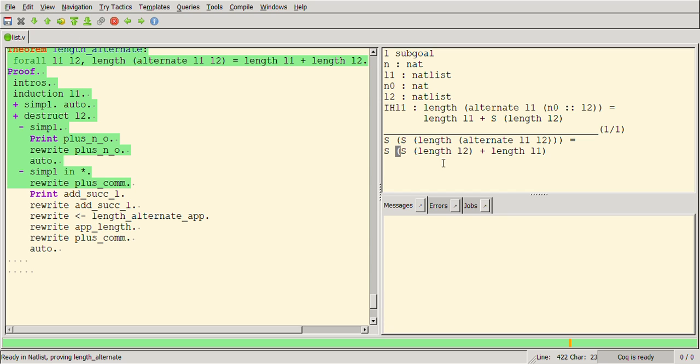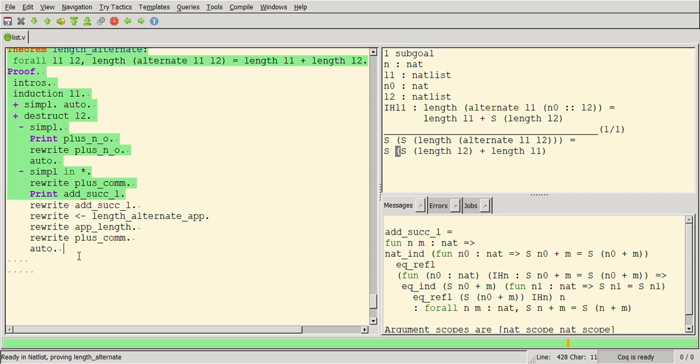No, then we would not be able to apply this. So rewriting this plus commutative is good at this stage, and then we need to use plus commutative again here. Okay, so this proof is complete now, and we just close this proof with QED.